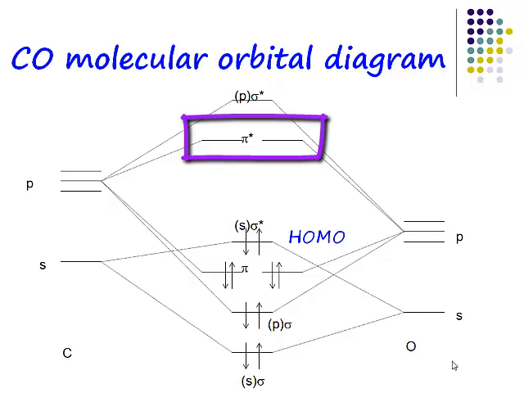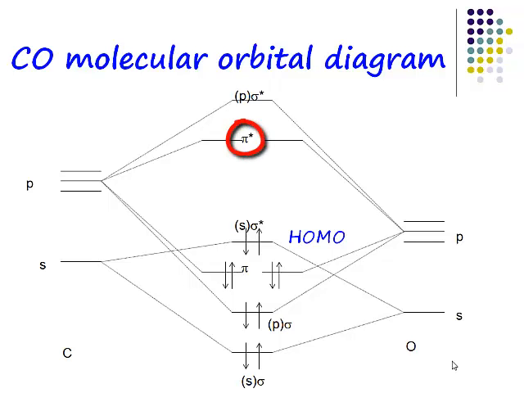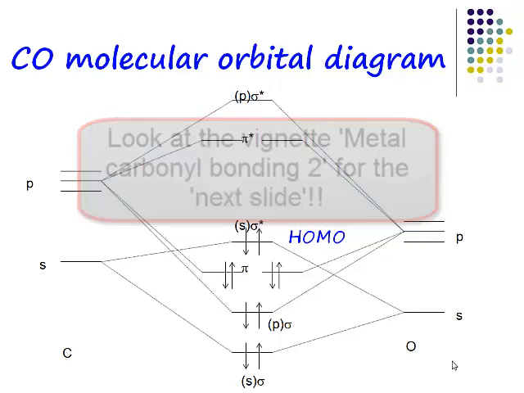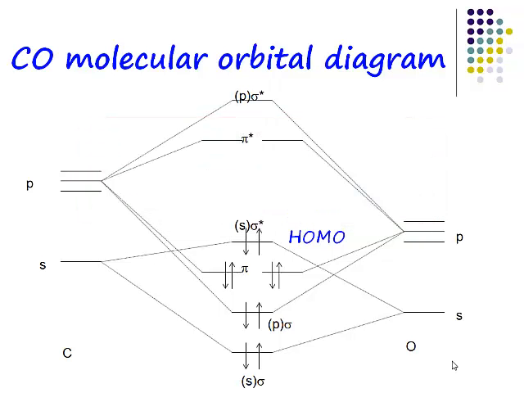Yeah, they are the LUMOs. So we have the lowest unoccupied molecular orbitals, and they have pi star character. So on the next slide in front of you, we've actually drawn those. So we've drawn the lone pair on the carbon, and I've also drawn the pi star orbitals. Now, these pi star orbitals have some interesting properties.